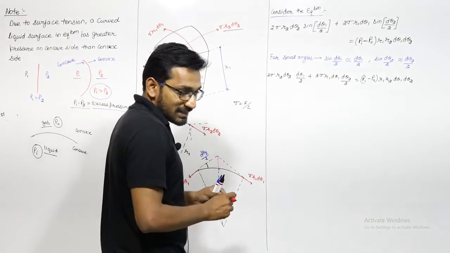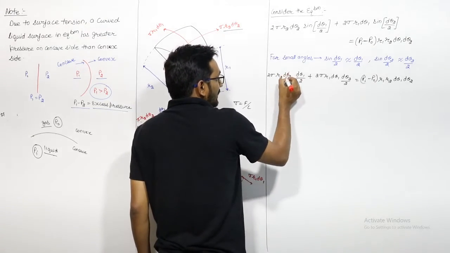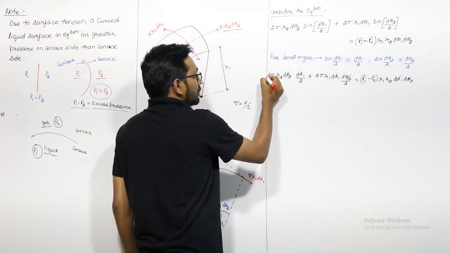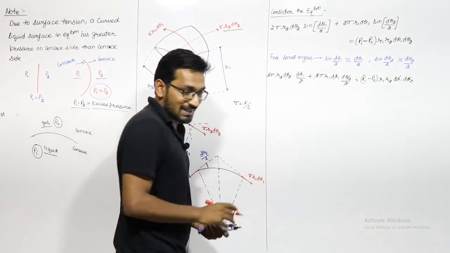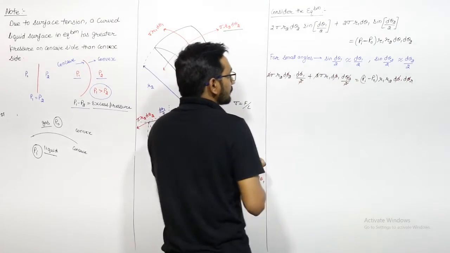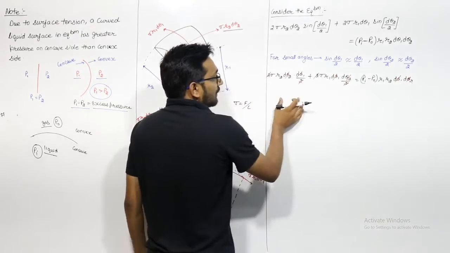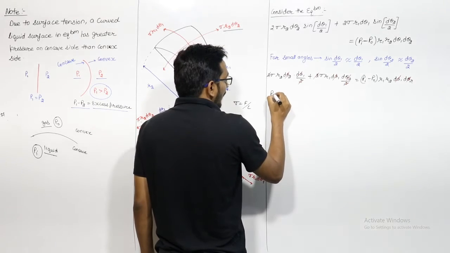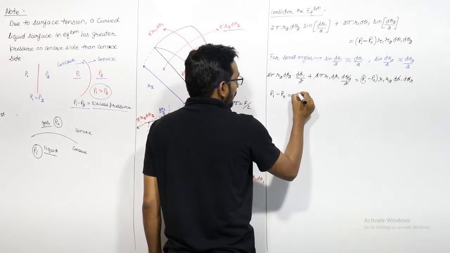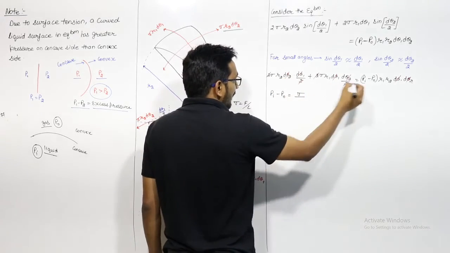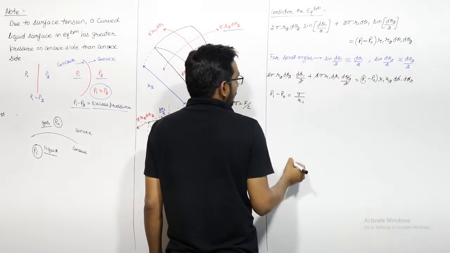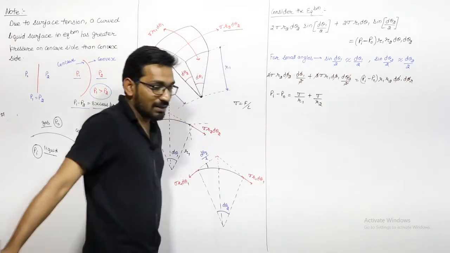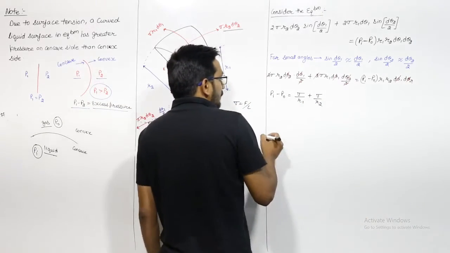From here, d theta 1 and d theta 2 cancel out, and the 2 cancels out. If I divide by r1 r2, it will be Pi minus P naught equal to sigma upon r2 plus sigma upon r1.